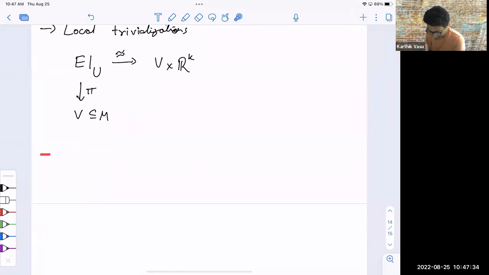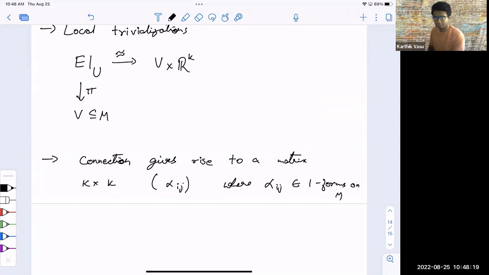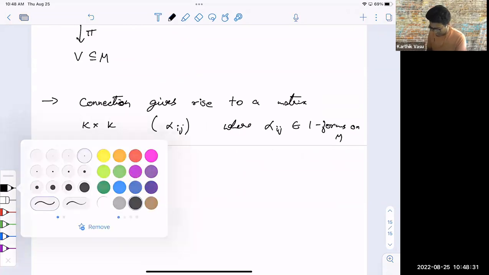By doing this, the connection gives rise to a k by k matrix like this, and each of these entries will be one forms, which I write as omega_ij or alpha_ij, belonging to one forms on M. So only when you have a local picture, once you fix a basis, can you talk about the connection as a matrix like this. And these were matrices of one forms.